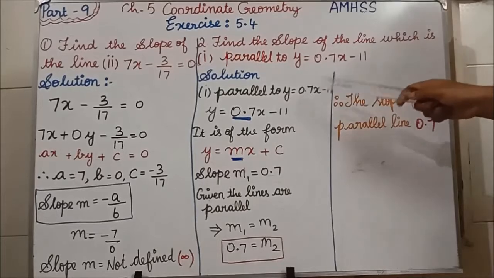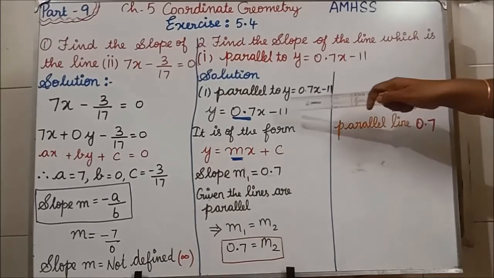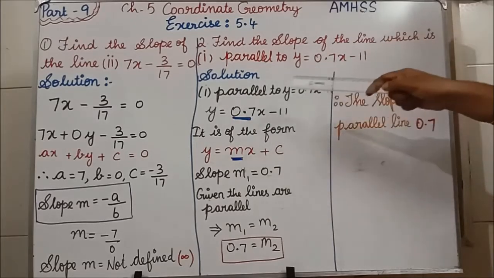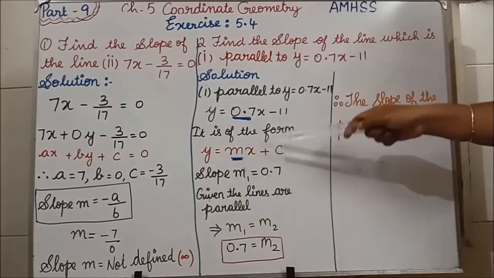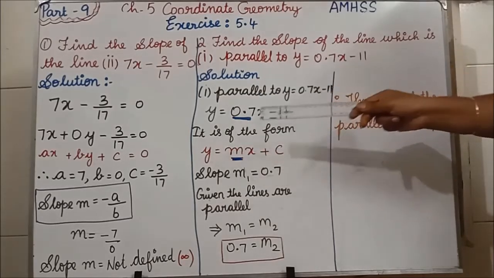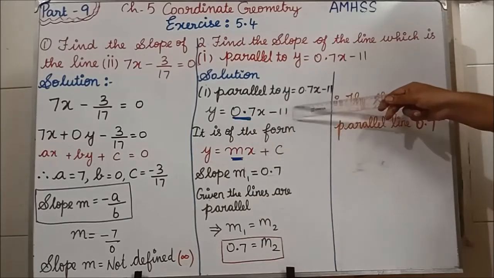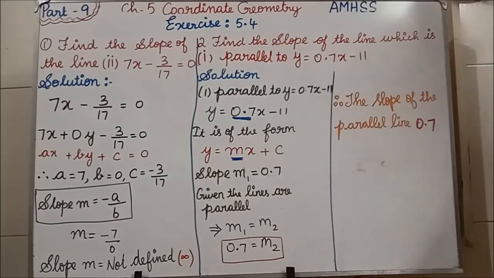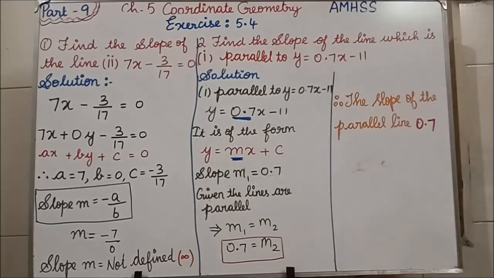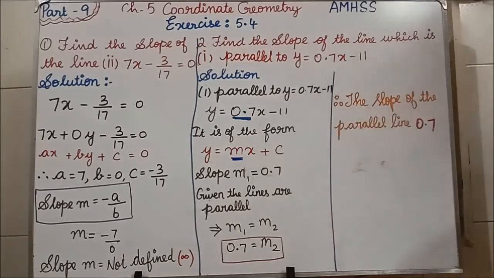First you write y equal to 0.7x minus 11. This equation is of the form y equal to mx plus c. Here on the left-hand side we have y, this 0.7 is our m, the x term, and one constant term. So in the place of m, the value we have is 0.7. So slope m1 is equal to 0.7.